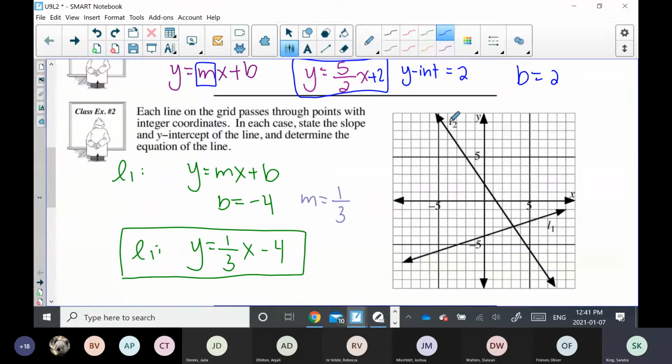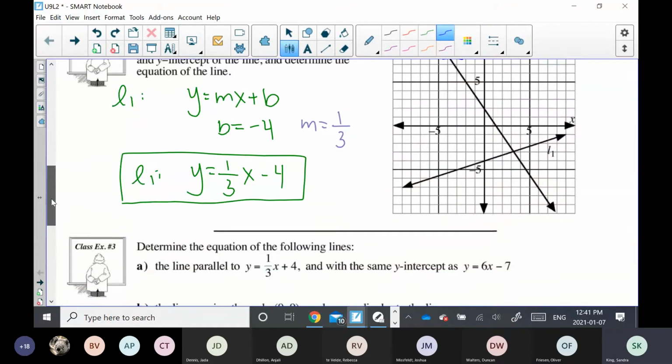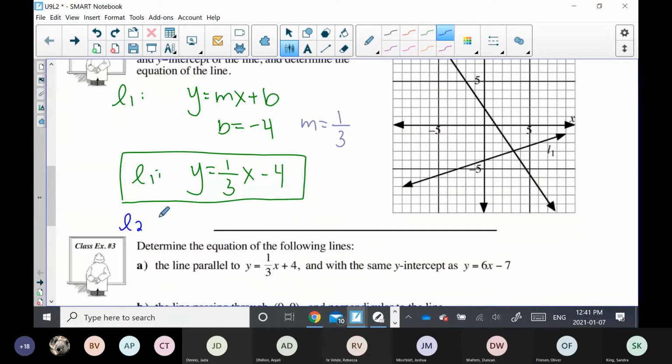Let's figure out the equation of line 2. So I'm going to do this one in blue. So y is equal to mx plus b. I need to figure out slope and y-intercept. You always start with your y-intercept. So the y-intercept is right here. If that's 5, this is 0, the y-intercept is 2.